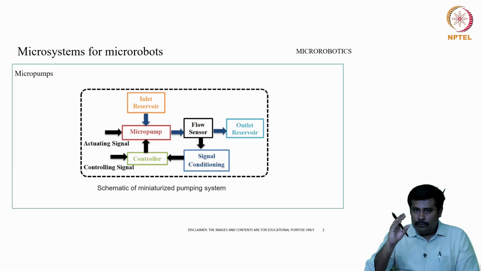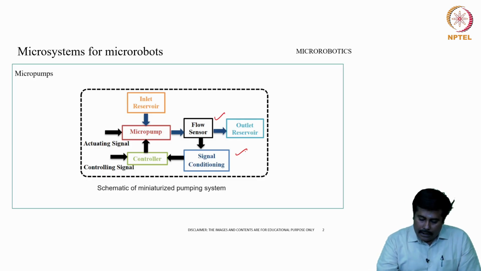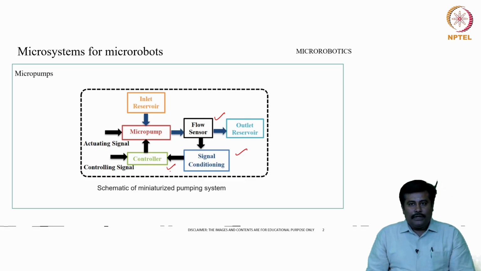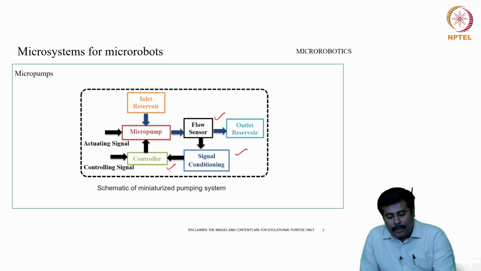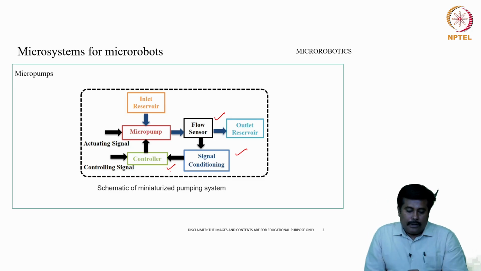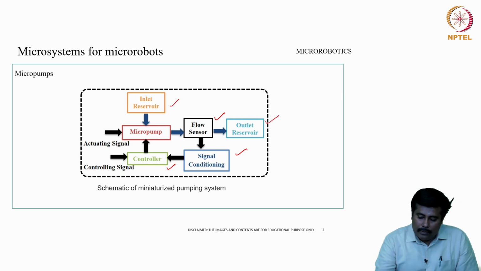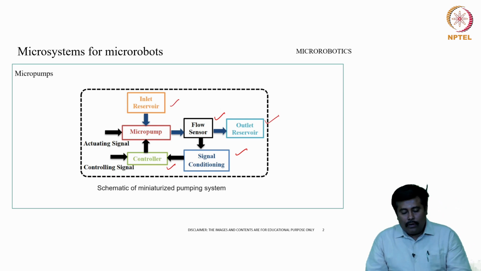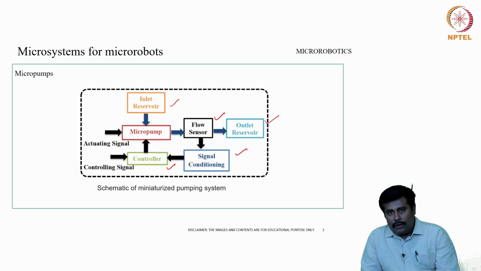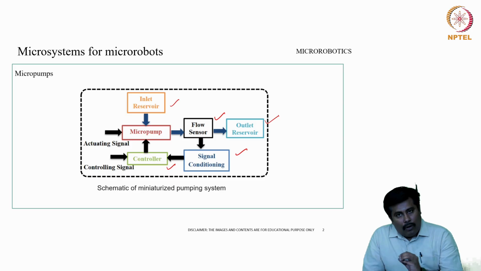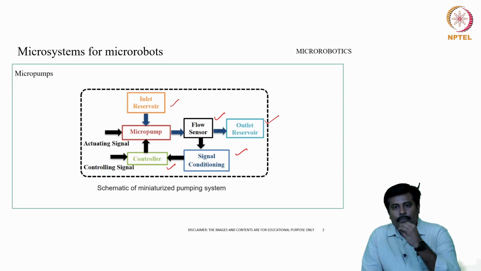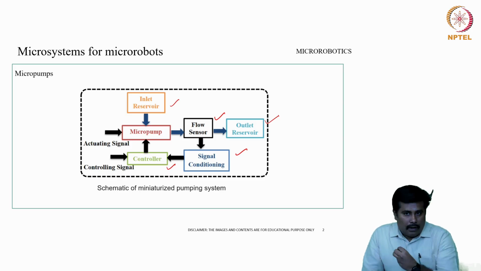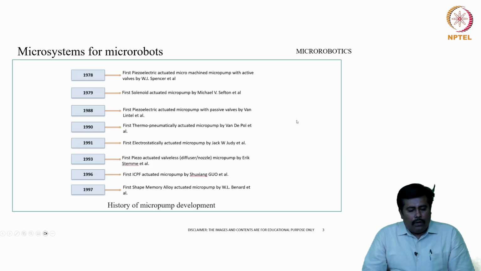To control the flow, the flow sensor, the signal conditioning system and the controller participate, so that we can optimally use the micropump for the relevant application or functionality. The inlet and outlet reservoirs play a vital role, and their overall configuration highly depends on the type of fluid we are using and the functionality of the system we are working upon.